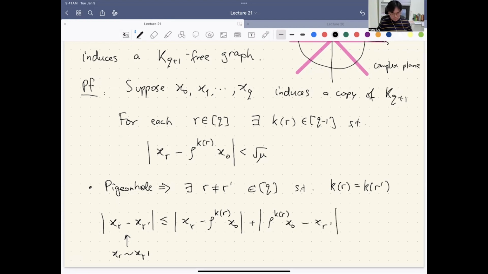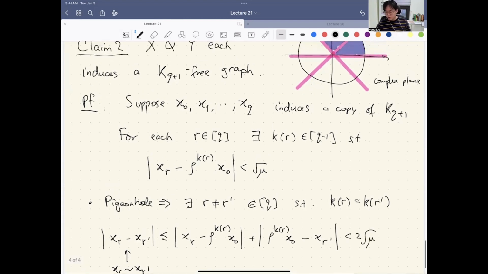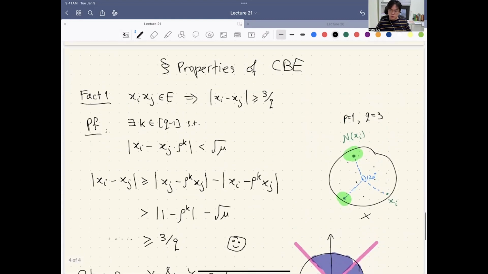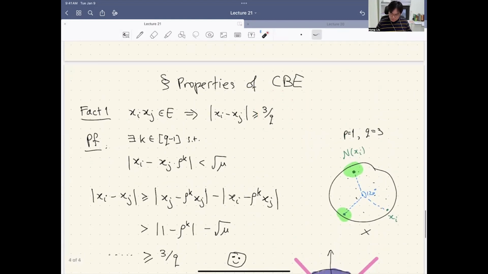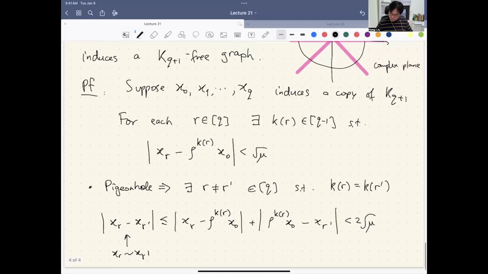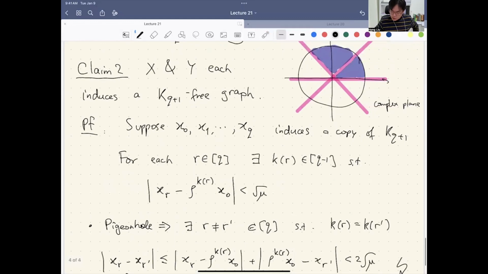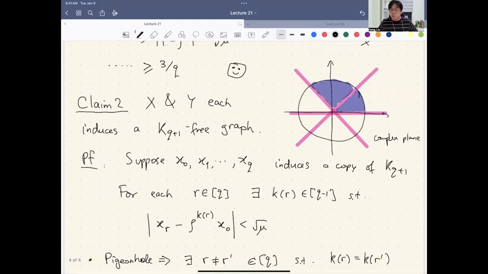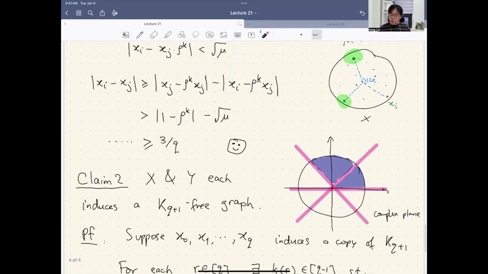So it's less than 2 square root of mu, which is a contradiction when mu is sufficiently small. So 2 square root of mu will be smaller than this. Each of X and Y induces a K_{q+1}-free graph. If you take q equal to 2, it's the same as the original Bollobás-Erdős graph. Each part is triangle-free.